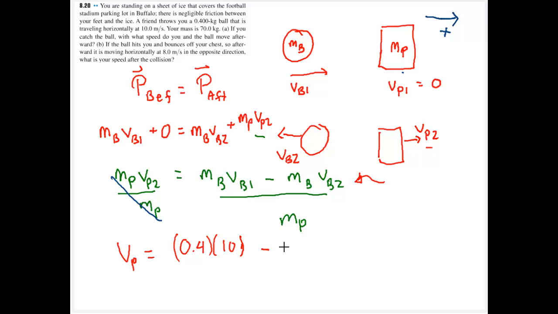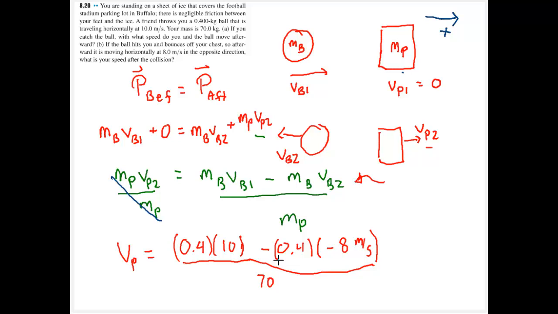That's in the positive direction. Minus 0.4 kilograms multiplied by negative 8 meters per second. Again, the negative means that the ball is traveling in the negative x direction. And then the mass of the person is going to be 70 kilograms.